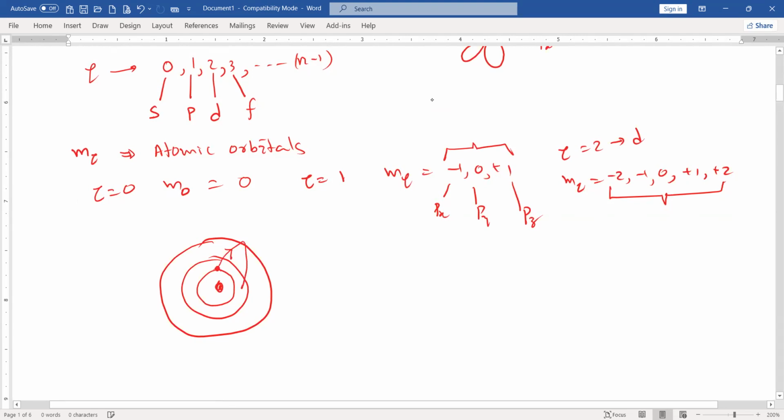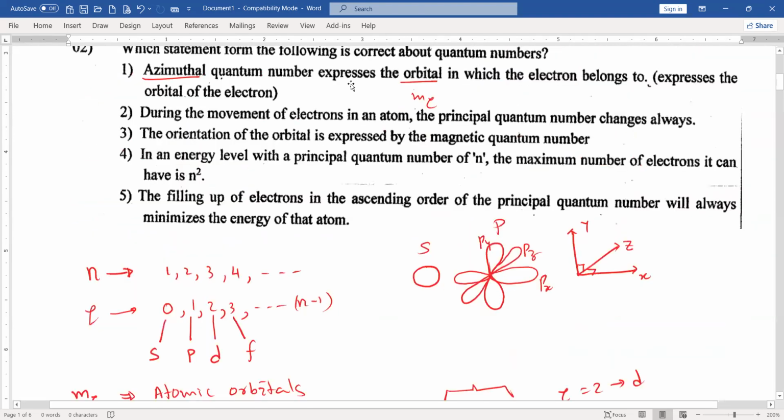If absorbed, the low energy electron will move to the high energy level. If it releases, it will come back to the low energy level by releasing some amount of energy. For this, it actually absorbs energy and goes from a low energy level to a high level. So, the second one is wrong.